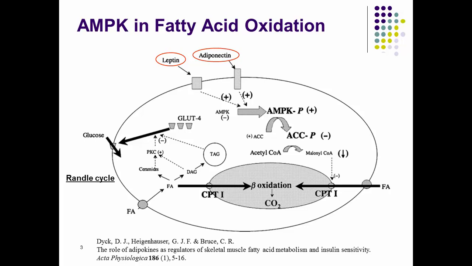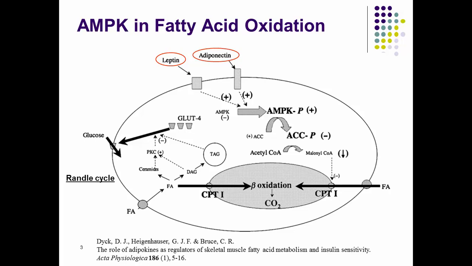Remember this. Malonyl-CoA is a key molecule, a substrate that can inhibit CPT1 on the mitochondrial membrane, and CPT1 is the key enzyme that controls fatty acyl-CoA transport from the cytosol into the mitochondria for beta oxidation.